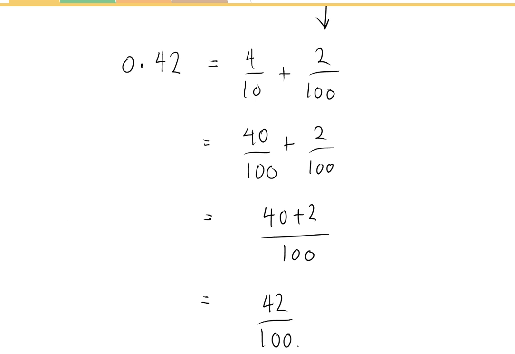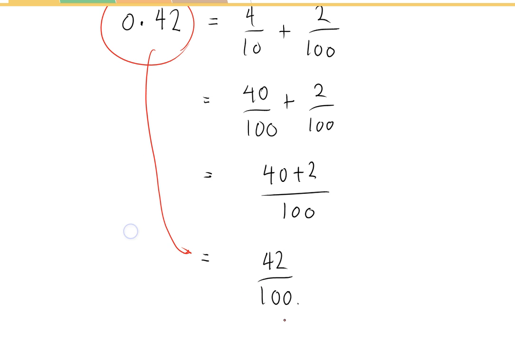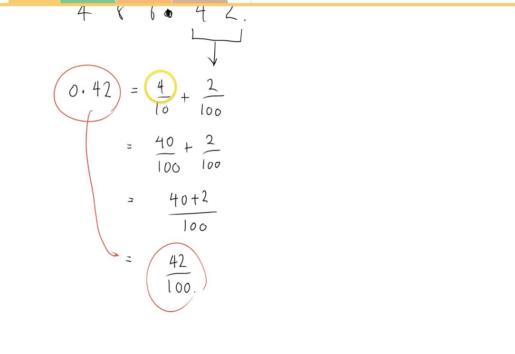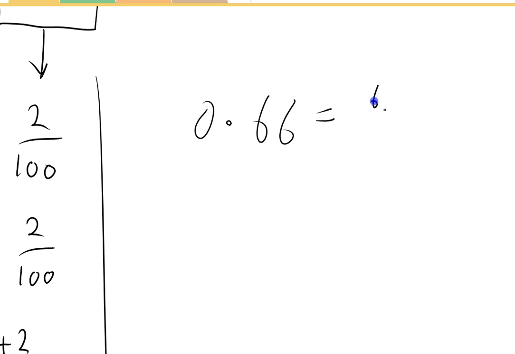So 0.42, look, I can change my colour. 0.42 equals 42 over 100. And you can see what I've written here is not special. There's nothing special about 4 and 2. It would work with any numbers. I could say 0.66 equals, I'll just zoom in on that, 6/10 plus 6/100.